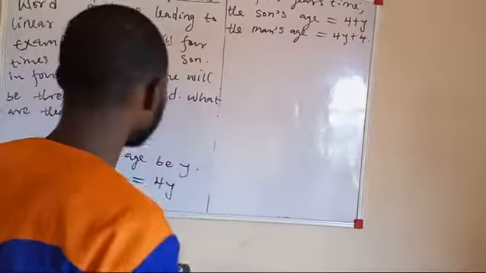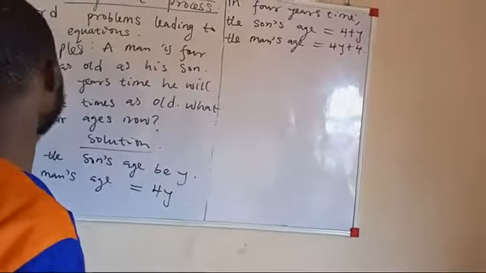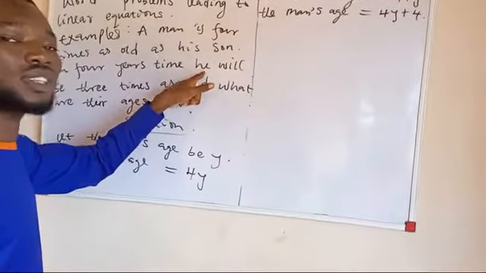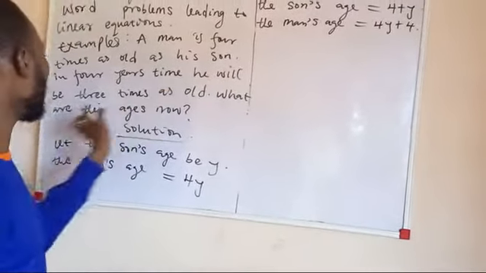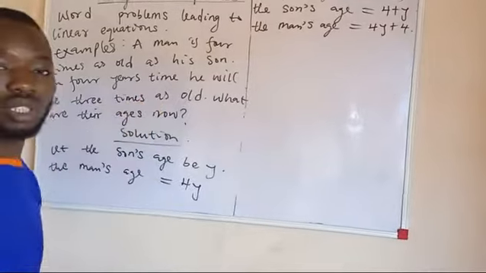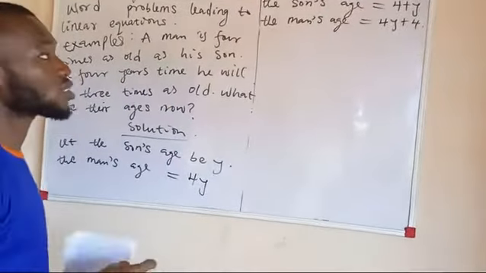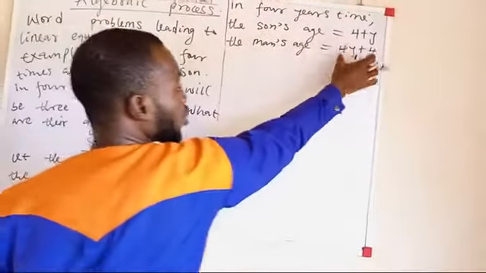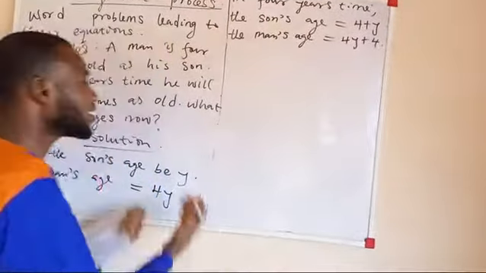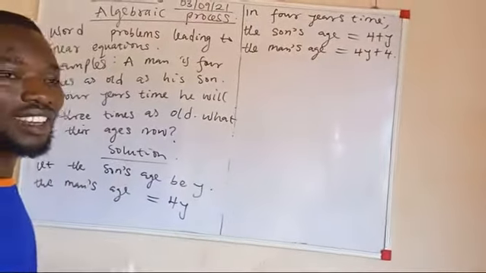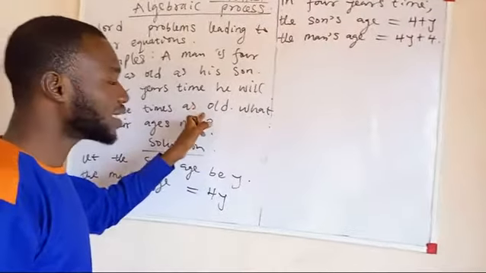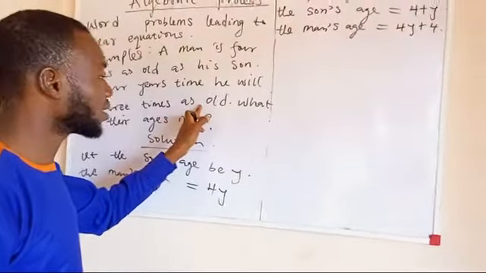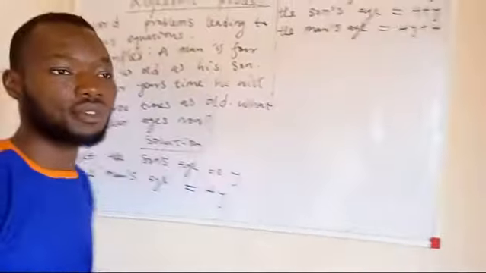So let's go back to the statement again. In 4 years' time, this is referring to the son. He will be 3 times as old. So the son is not going to be 3 times as old as the father. It is just telling you that the age of the man equals 3 times the age of his son.